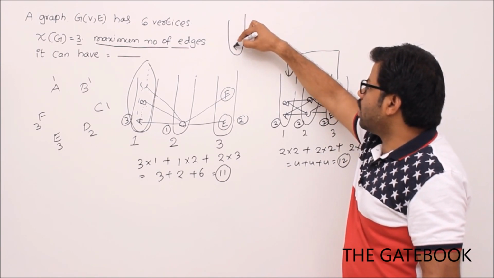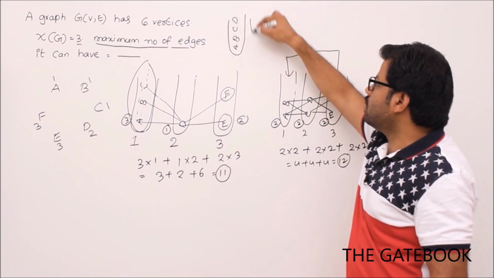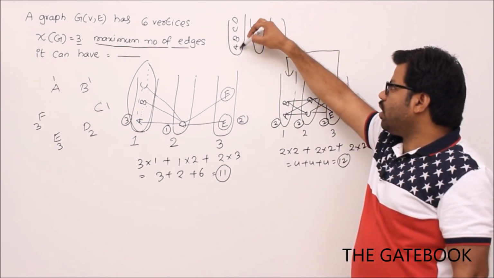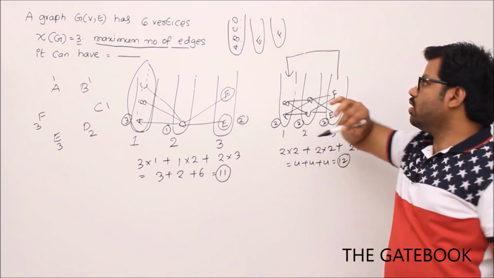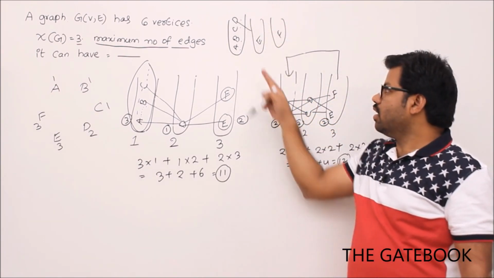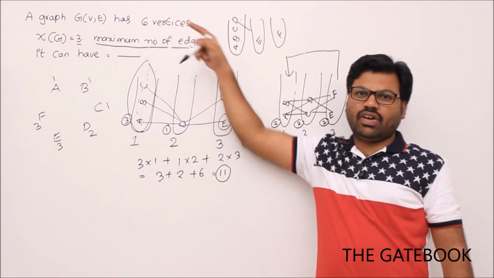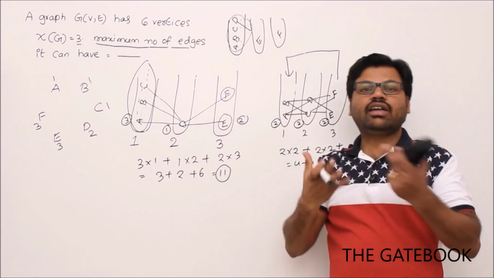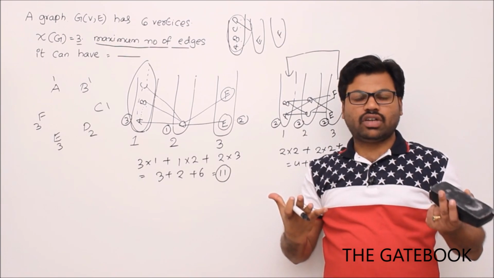All four vertices, A, B, C, D, in one place, E in one place, F in one place, where you are keeping a lot of vertices in one partition. Then you see what happens. Easily we can say that this is not the maximum possibility. Why? These four vertices cannot share edges among themselves, right?